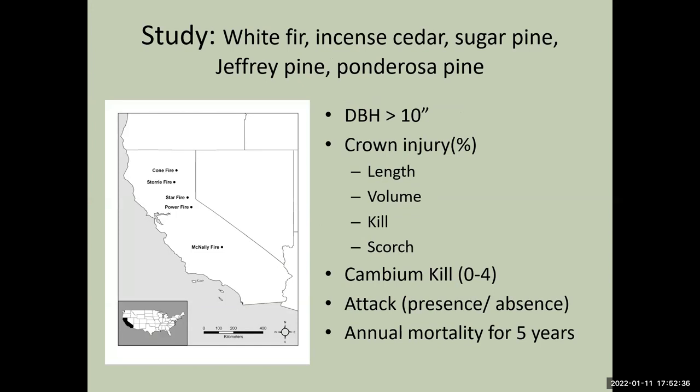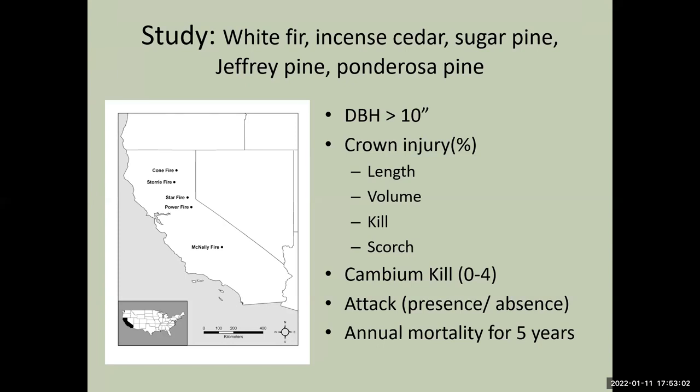We sampled cambium around the base of the tree, four areas in the cardinal directions, and we came up with a cambium kill rating of 0 to 4. I'll talk more about that later as far as what the cambium kill rating means. And then just presence or absence of bark beetle attacks, specifically red turpentine beetle attacks on ponderosa or Jeffrey pine, is what we looked at.